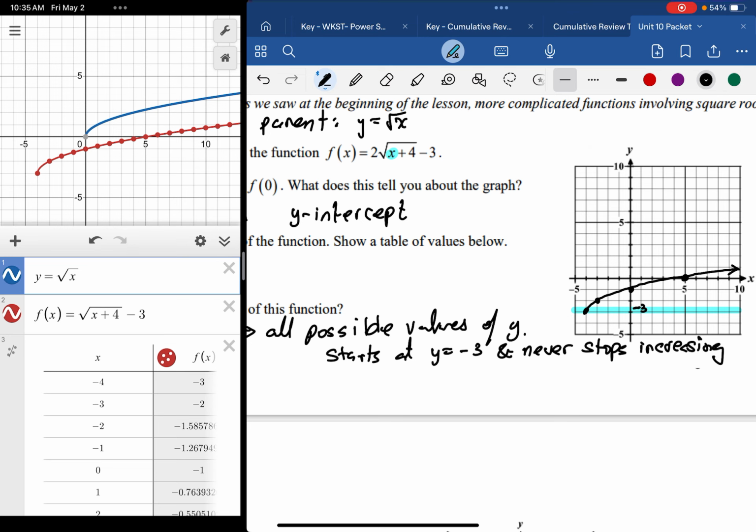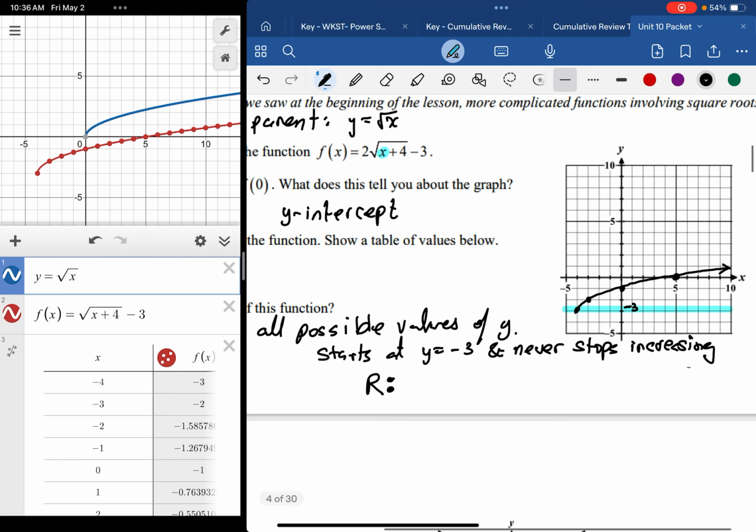All right. The way we write that mathematically is to say, for my range, R for range, a colon indicating that I'm about to tell you what the range is, y is going to be greater than or equal to -3. All right. That's telling me that my lowest possible value of y is -3, and it never stops increasing after that. So there is no upper limit.